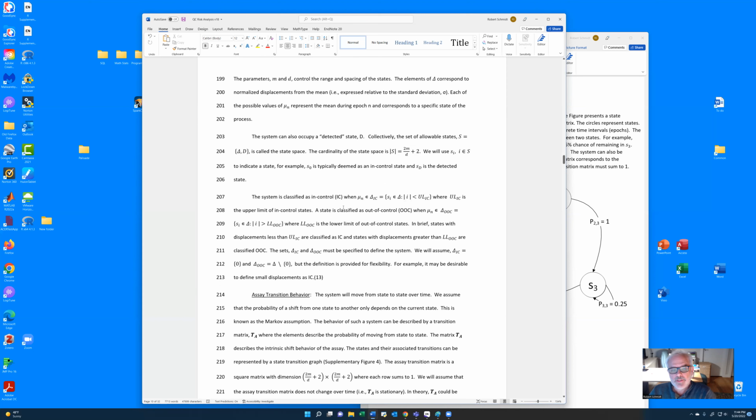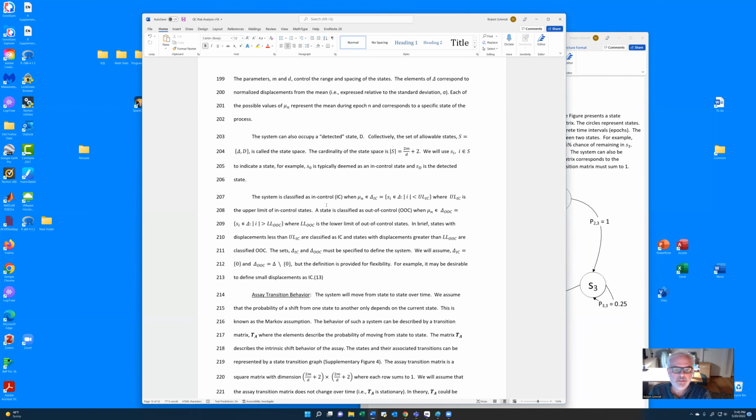I think we can skip this. This is just talking about how we can designate subsets of the state space as in control and out of control. And usually, for most purposes, we'll think of an in control state as when there's no shift at all and the system is on target. But you could imagine circumstances where there are small shifts of, like, a standard deviation of 0.1 or something that I don't really care about, and I would consider that in control as well.